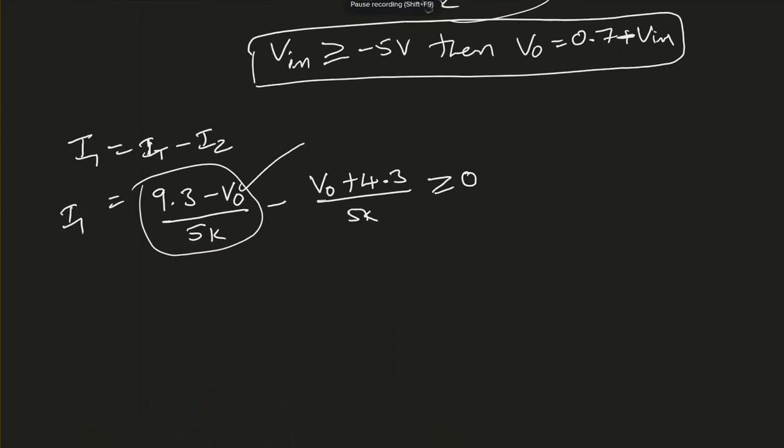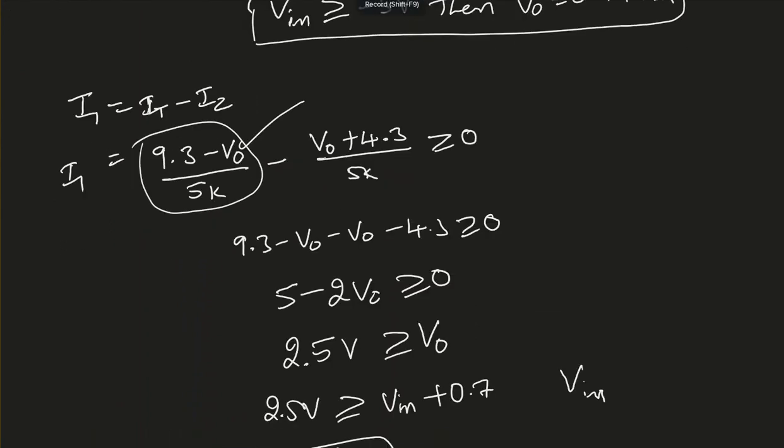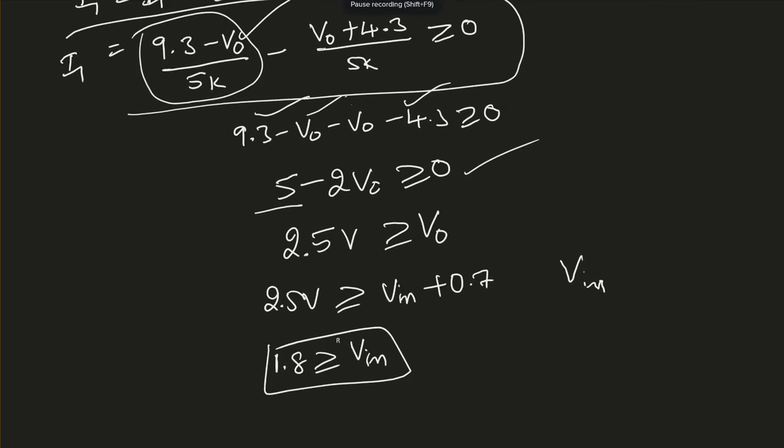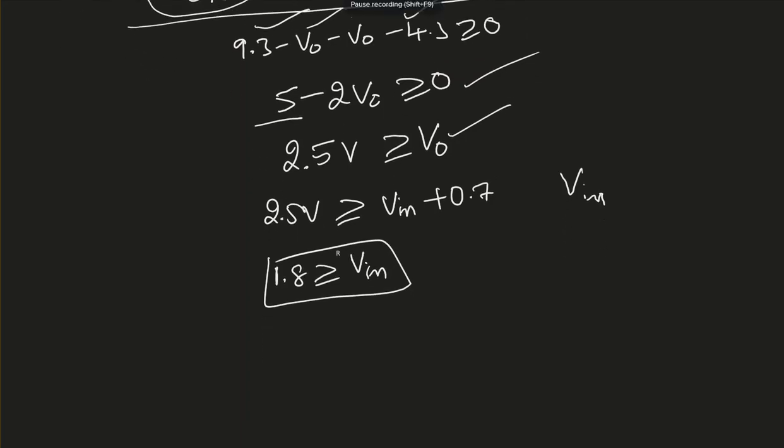So that's the equation. After solving this equation, I end up with 9.3 minus 4.3, 5 minus 2 V naught must be greater than or equal to 0. So 5 divided by 2, 2.5 must be greater than V naught. V naught is nothing but Vn plus 0.7, so as long as Vn is less than 1.8 volt.